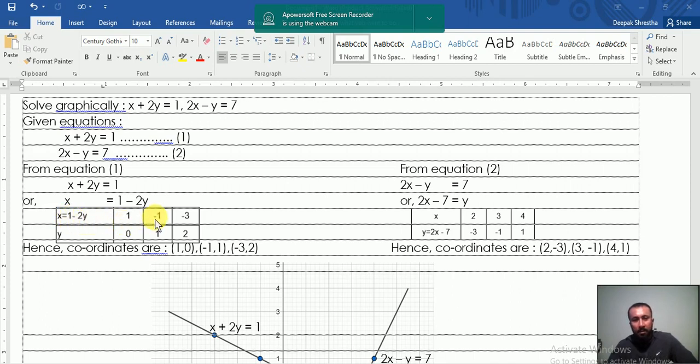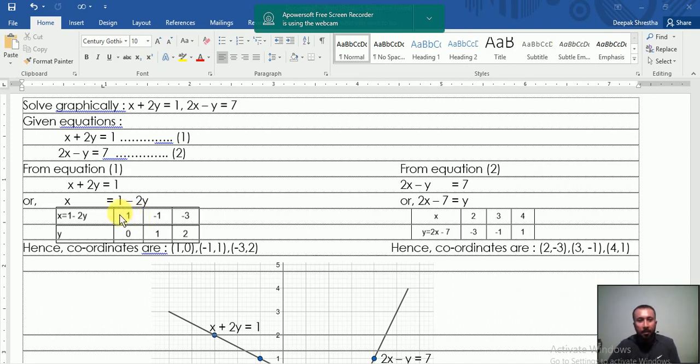These two values are just enough to get a line segment, but here we will be putting three values so that if we made some mistakes, then we can know it. So first of all, let me put 0. Here we can put any value of y, but make sure that the output value that comes is an integer and compatible to your graph.